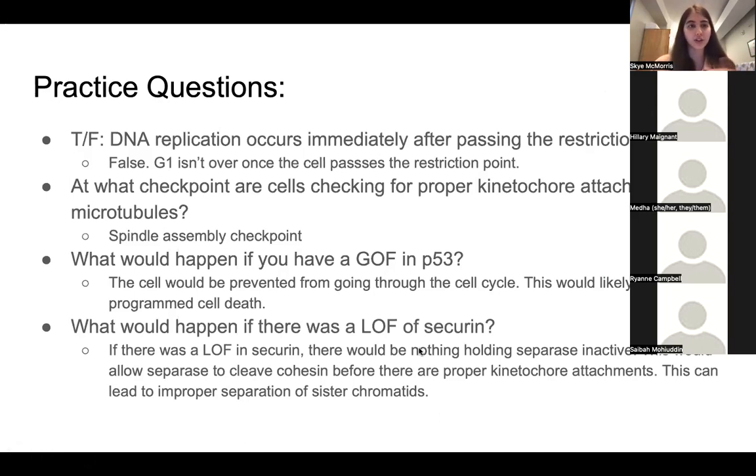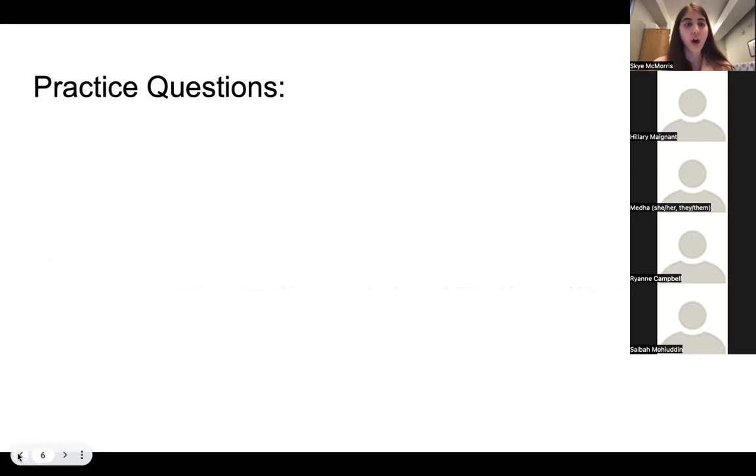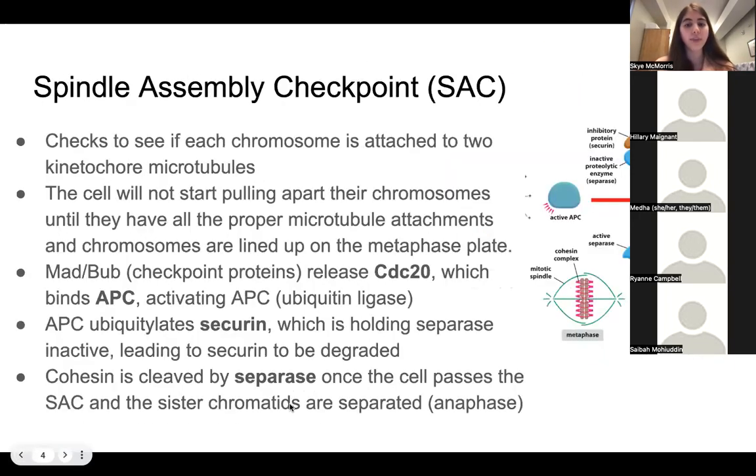But essentially the answer that's written out here that you guys can always access on the slides is that it would lead to cleaving cohesin before the cells may be ready, before there's the proper kinetochore attachments. And so that could lead to an improper separation of the sister chromatids. So if we look at this slide here, you have securin, which is inhibiting the enzyme separase, right?